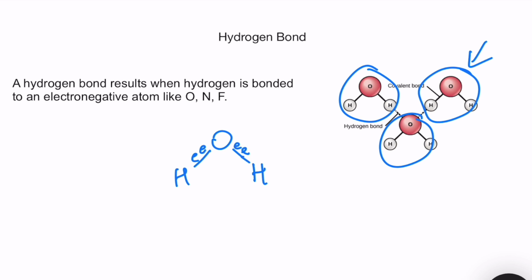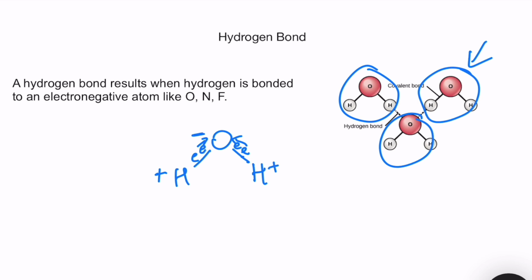Both these bonds are sharing electron pairs. Oxygen is very electronegative. So that means it's going to pull the electrons closer to itself. Electrons are negatively charged. So when the oxygen starts to pull that negative charge closer to itself, it gains a slight negative charge. And hydrogen ends up with a slight positive charge.